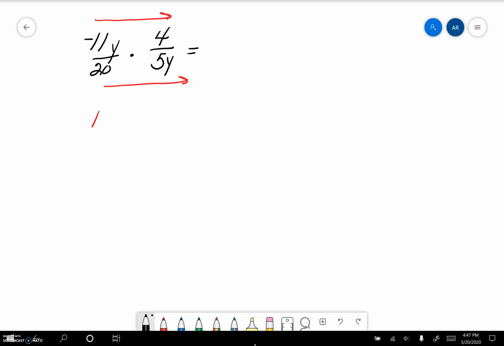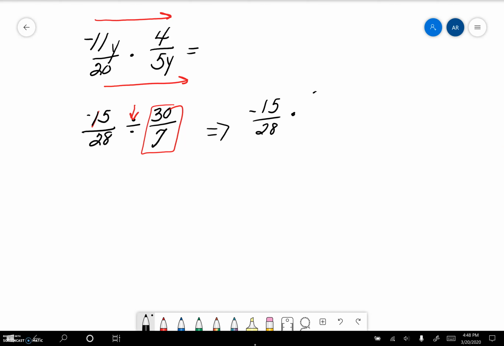When you have something similar like this, where you have a negative 15 over 28 divided by 30 over 7, all we're doing first is converting that to multiplication by the reciprocal. So let me rewrite that. It's negative 15 over 28 times, and then flip it, and now we can just multiply across. So with all your fractions, whenever you're multiplying and dividing, it's going to be performing the same type of operation.